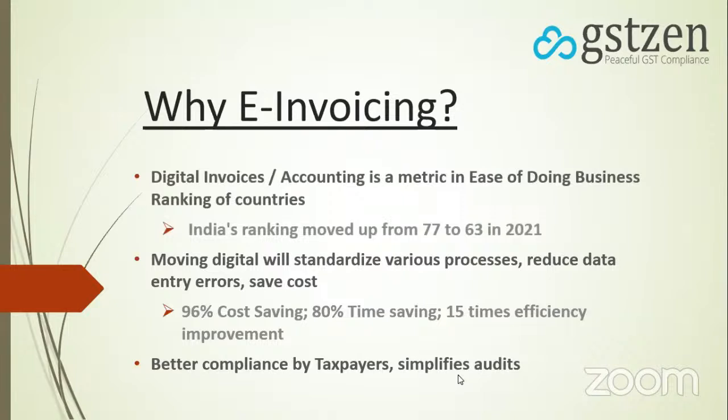E-invoicing will also help in standardizing various processes, reduce data entry errors, and save costs. It has led to 96% in cost saving, for those people who have implemented e-invoicing, 80% in time saving, and 15 times more efficient. So it also provides for better compliance by taxpayers, and it simplifies audits.